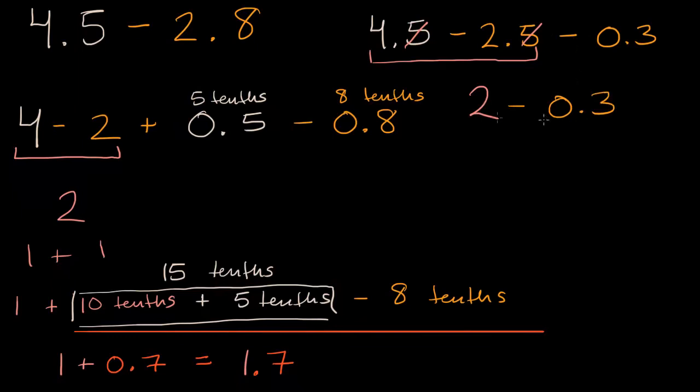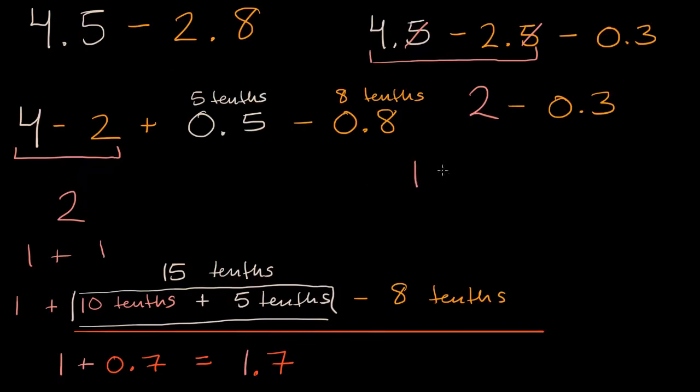So what's 3 tenths less than 2? Well, you can visualize a number line in your head. That's going to be 1 and 7 tenths. And if this seems strange, how I got there that fast, just think about this.